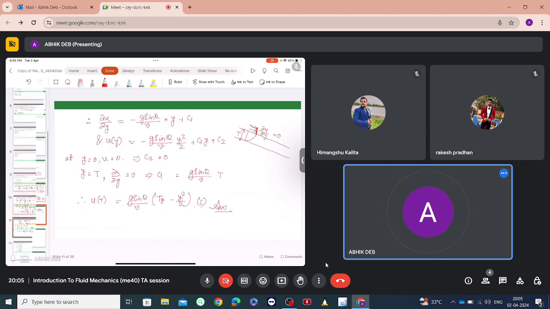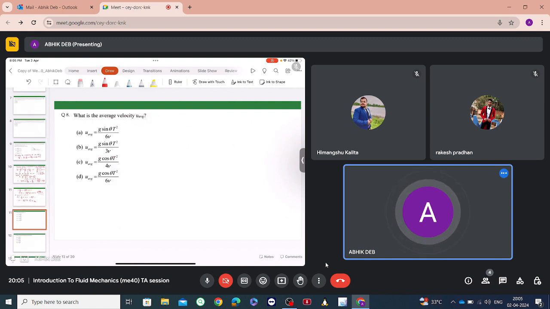Now what is the average velocity? For average velocity, u average is equal to integration of u dA by the total area. This is the area average. So integration from 0 to t of u into b dy, where b is the depth into the paper that we are considering, divided by b into t.